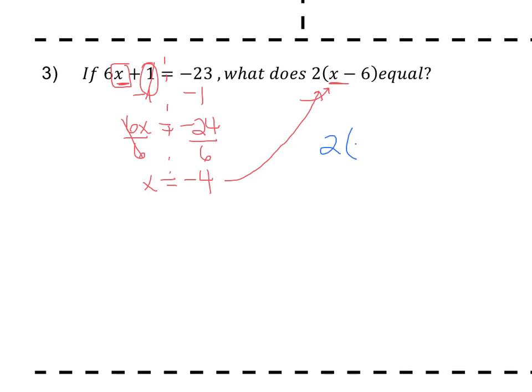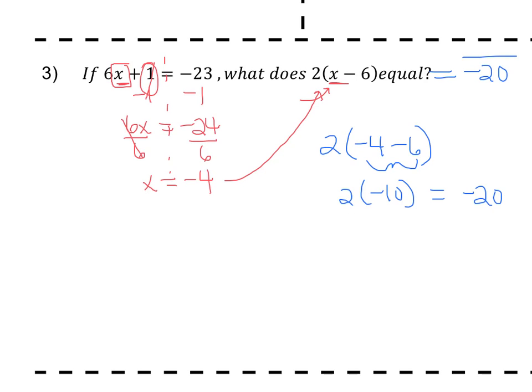If we plug in our negative 4 for x, then we're going to have negative 4 minus 6. Well, negative 4 minus 6 gives us negative 10. And then if we multiply that by 2, then it equals negative 20. So we have found what 2 times x minus 6 is. It equals negative 20. And there's our answer.